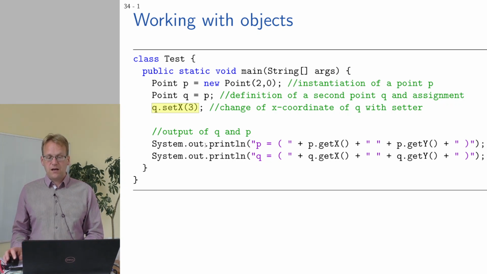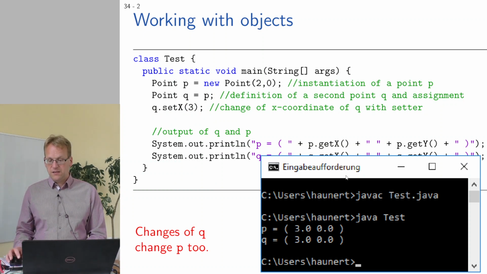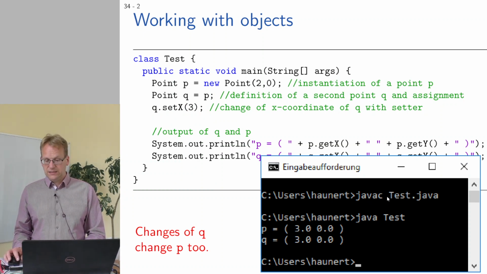Well, and if we now report the coordinates of these two points using the System.out.println method, then you see this outcome. So we compile this Java class Test with the javac command. Then we execute this main method by calling the Java interpreter for that class Test.